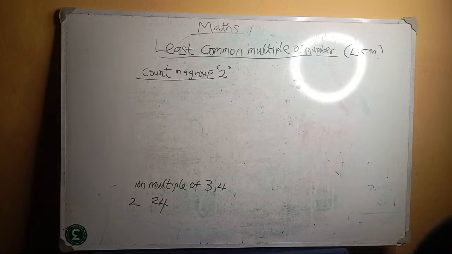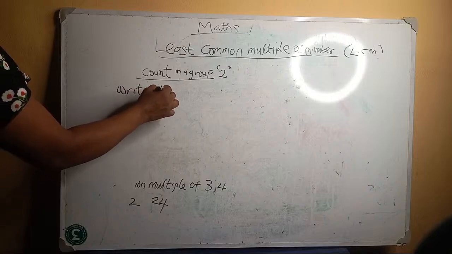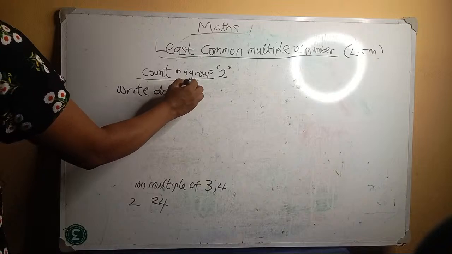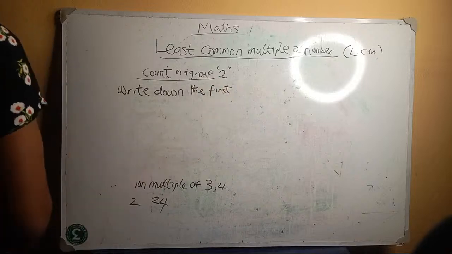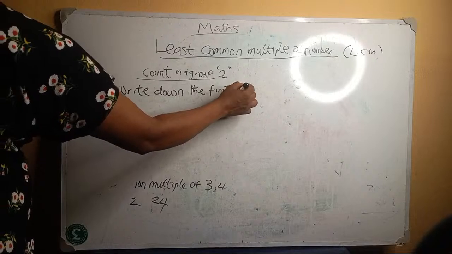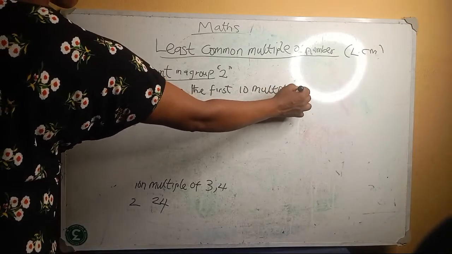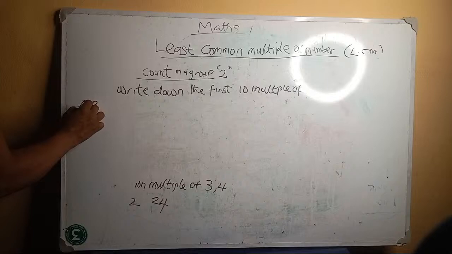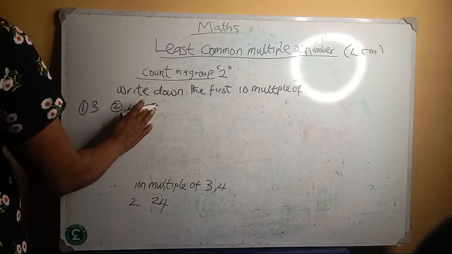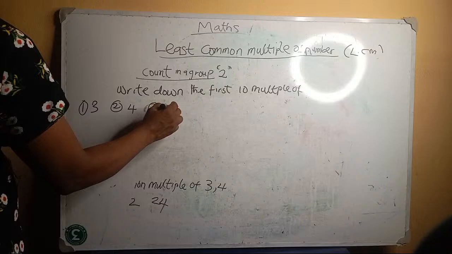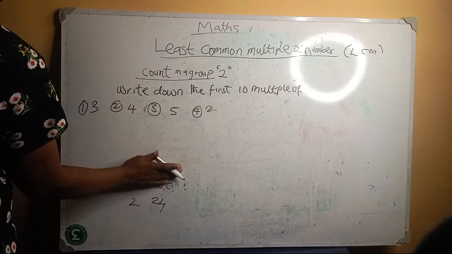So when I ask you to write down the first 10 multiples: number 1, 3; number 2, 4; number 3; number 4, 2; number 5, 5.